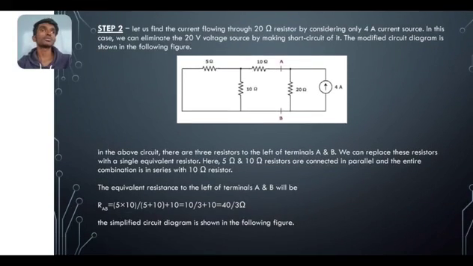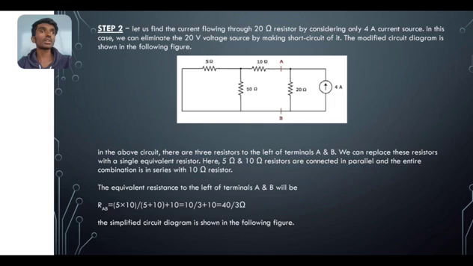Step 2. Let us find the current flowing through the 20 ohm resistor by considering only the 4 amp current source. In this case, we can eliminate the 20 volt source by making a short circuit of it. The modified circuit diagram is shown in the following figure.